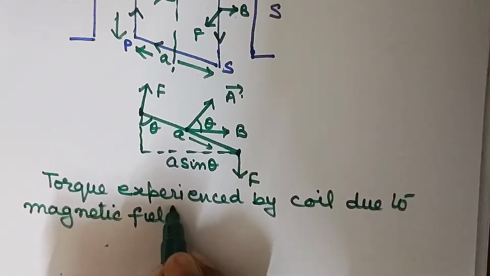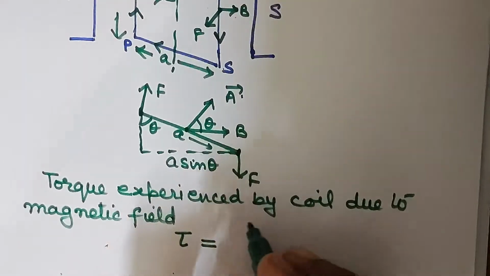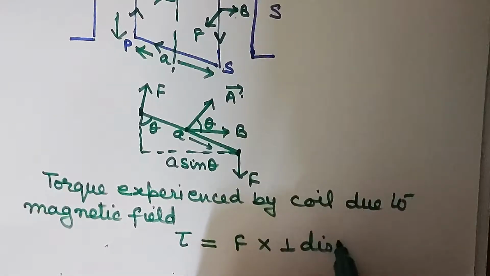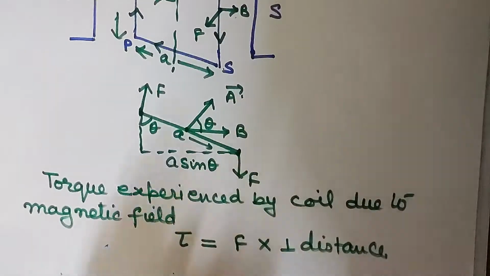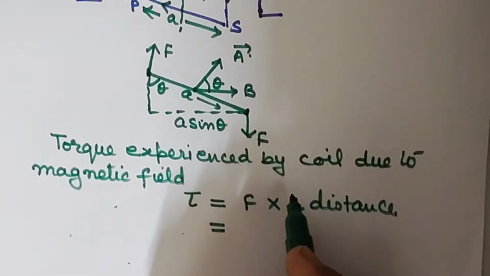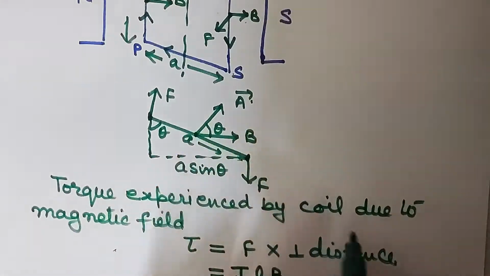We know the formula for torque. Torque equals force into perpendicular distance. Force will be equal to ILB, because force is acting on a current carrying wire in presence of a magnetic field. And the perpendicular distance is this one, A sin theta.